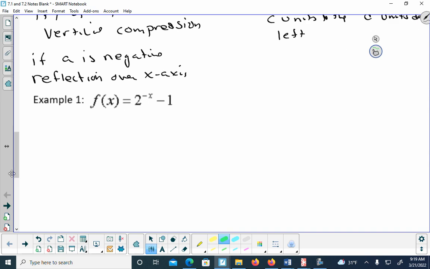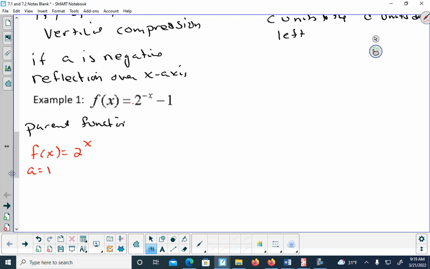So the first one, I have f of x is equal to 2 to the negative x, minus 1. So my parent function is going to be f of x is equal to 2 raised to the x power. The coefficient in front of this 2 is 1. Since my a is technically 1, I have no vertical changes.